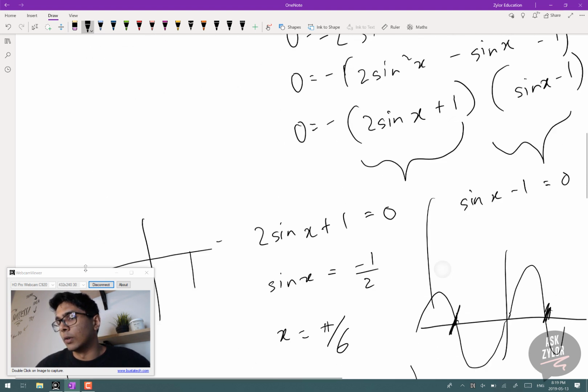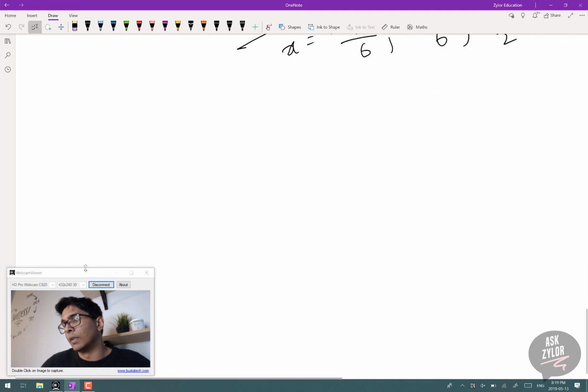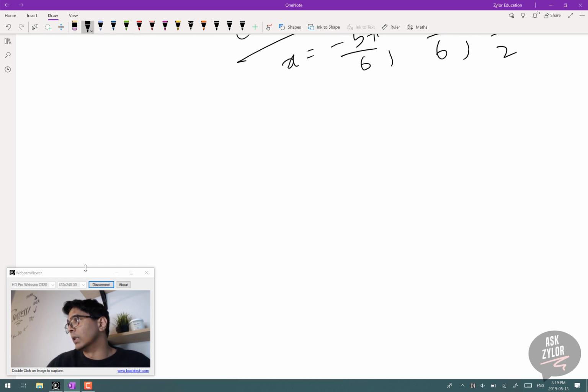Okay, so that's one part of the question done. So the next part is determine the intervals where f of x is increasing and where it is decreasing. So given the critical points, we need to make a table of intervals, right?